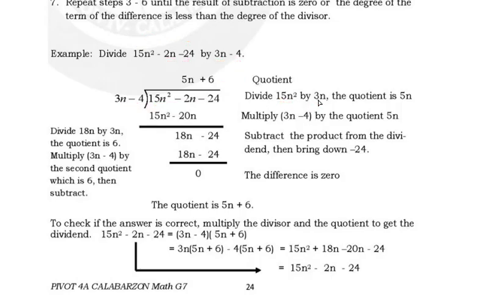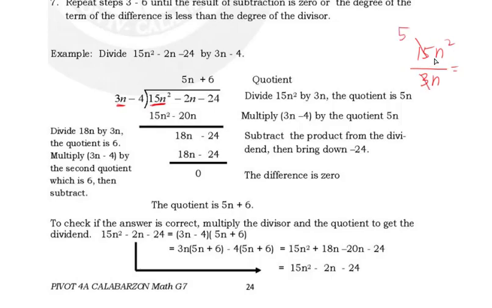So, burahin natin. Pag divide po nito, ang gagawin lang ay di-divide mo po yung first term ng dividend doon sa divisor. What is 15n square divided by 3n? So, applying the quotient law, we have 15 divided by 3 is 5.